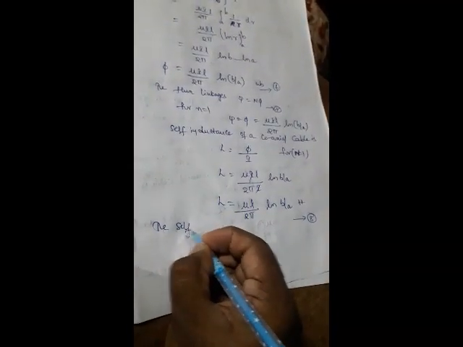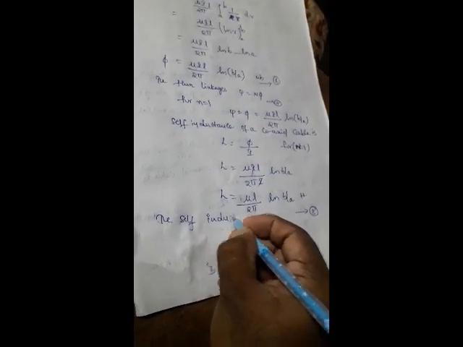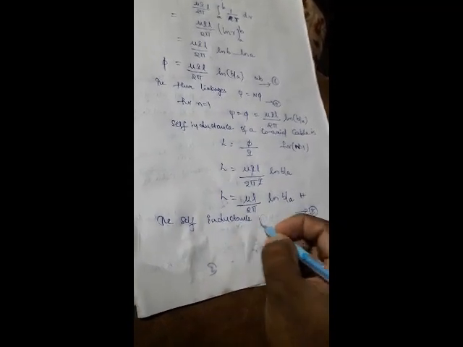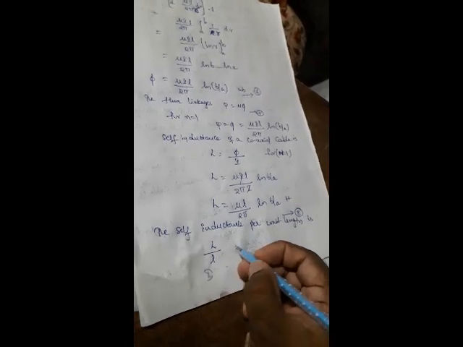The self-inductance per unit length of a coaxial cable is L by small l. That means self-inductance per unit length is equal to mu by 2 pi into natural logarithm of B by A Henries per meter, where B is the radius of the outer conductor and A is the radius of the inner conductor.